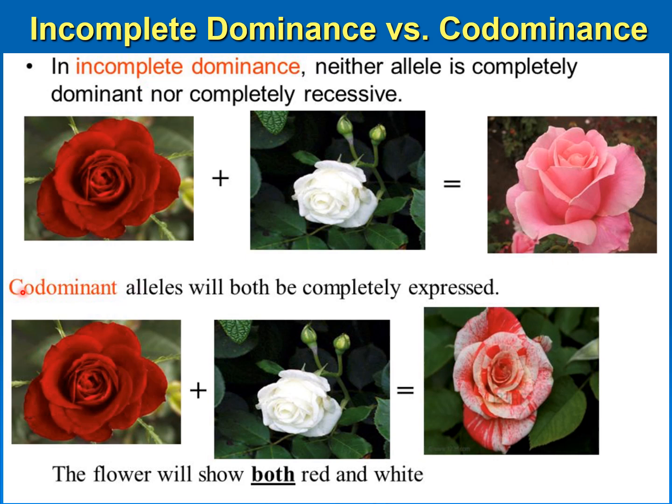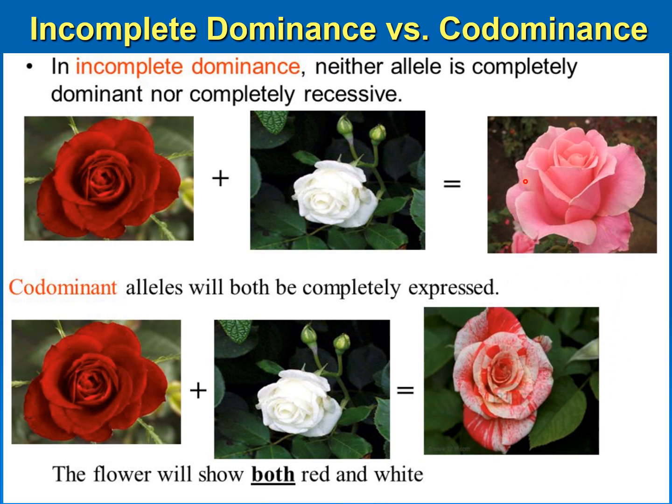And then codominance, you're going to express both of the phenotypes. So you would see both the red and the white alleles being expressed on your flower.